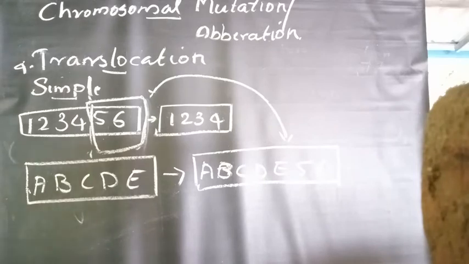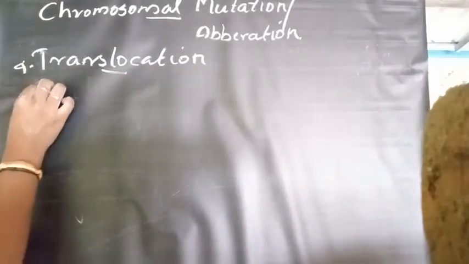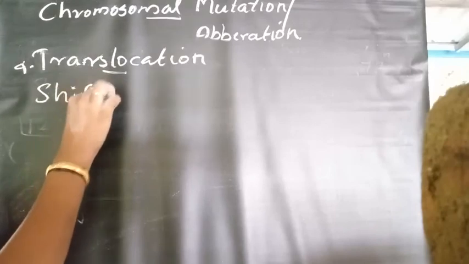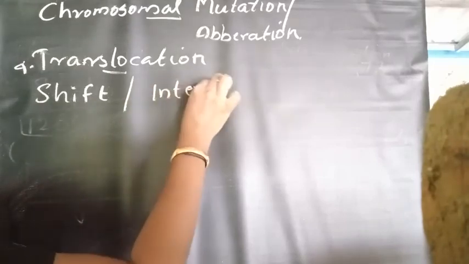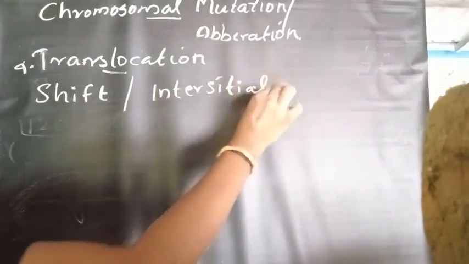Then shift translocation, or interstitial translocation. If a segment of a chromosome breaks and gets inserted in the interstitial position of a non-homologous chromosome.